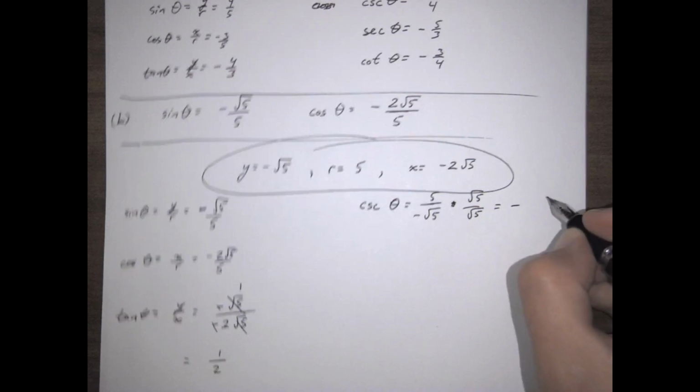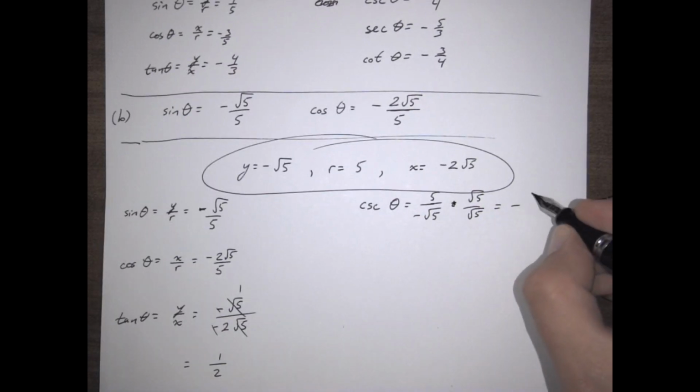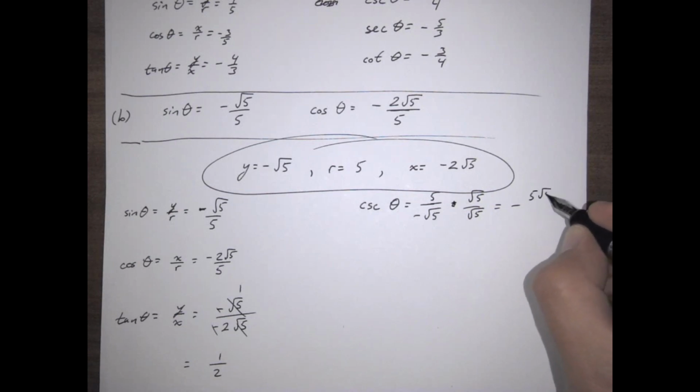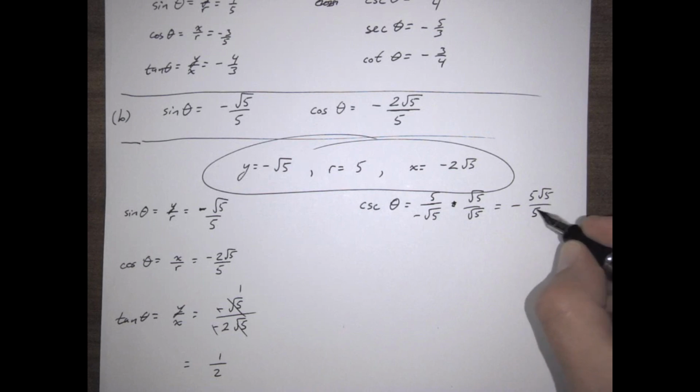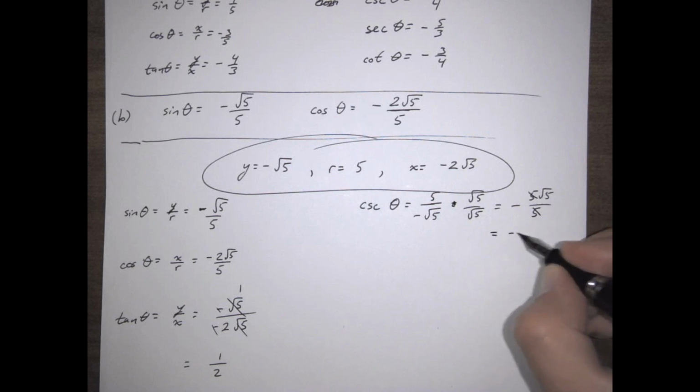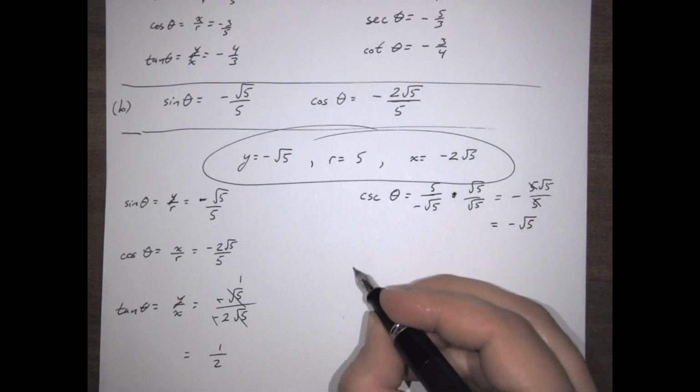The negative can come out to the front, and what do we have on the bottom? We have, or on the top, we have 5 root 5 over root 25, which is just 5, which cancels, and that gives us just negative root 5. So the cosecant is just negative root 5.